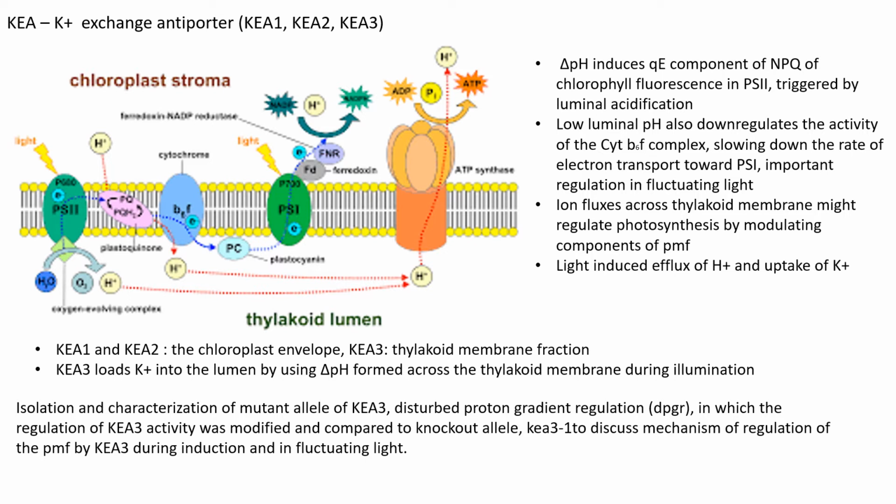The knockout allele will be considered to be kea3-1 for future references. By comparing them, it was seen how the regulation of PMF can be contributed by KEA3 during induction and in different light intensities.